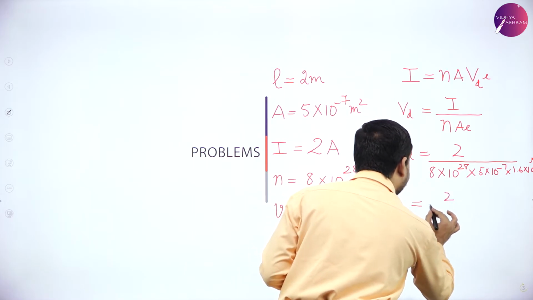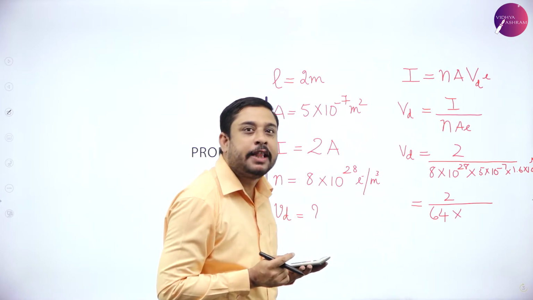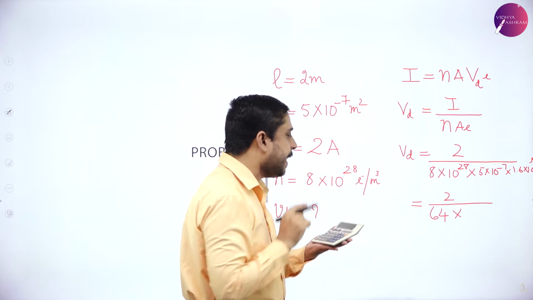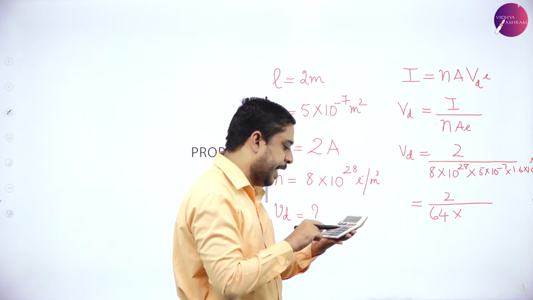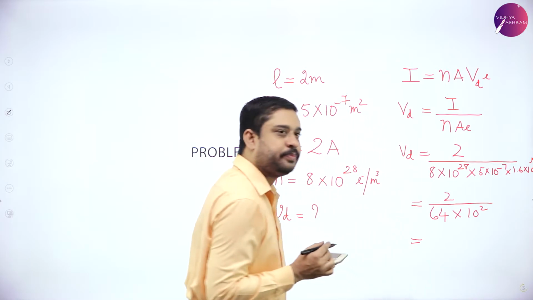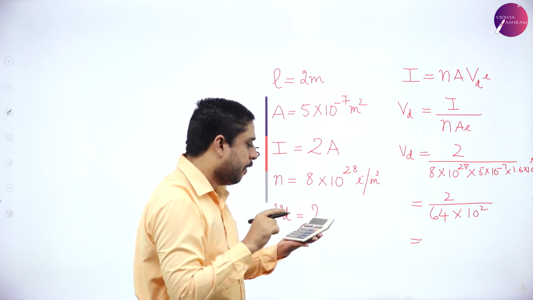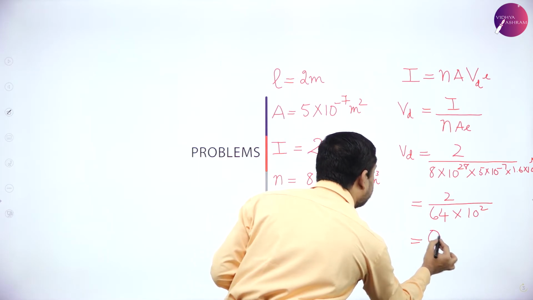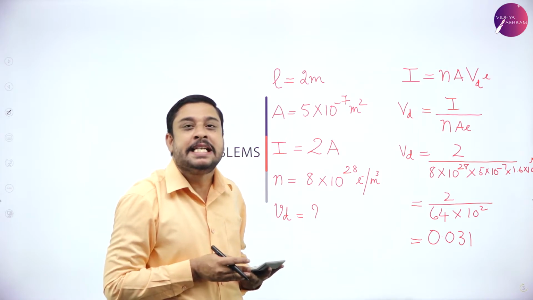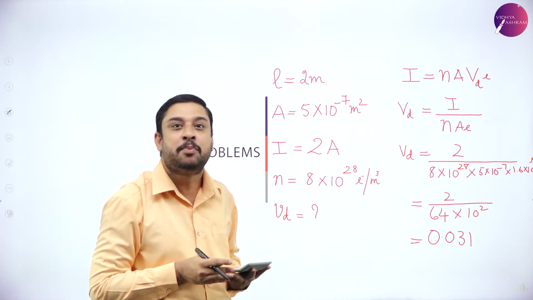So this is 2 divided by 64 into, we will solve the powers now. 28 minus 7 minus 19, which is 10 to the power 2. 2 divided by 64 is 0.031. 10 power 2 is in the denominator, it goes to the numerator, plus 2 becomes minus 2.